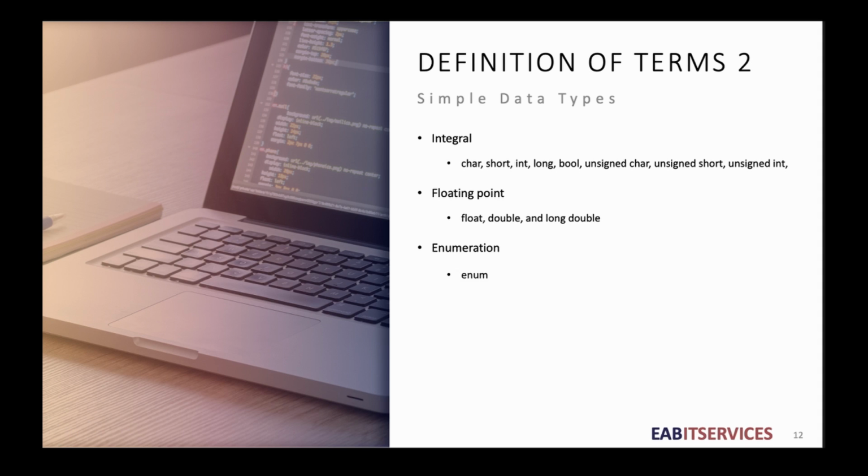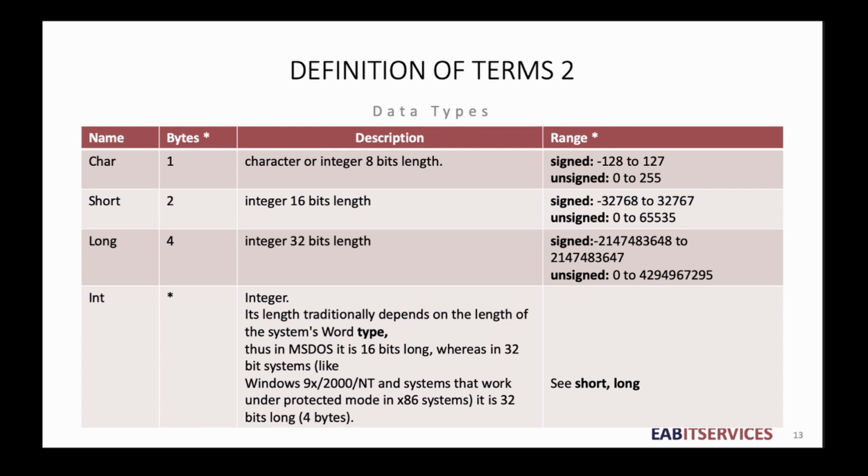Now let's look at the various differences between these types of data. First of all, we have char, and if you want to know the size of char, it is just 1 byte. That is 8 bits length, character or integer 8-bit length, and this is signed and then unsigned as well.